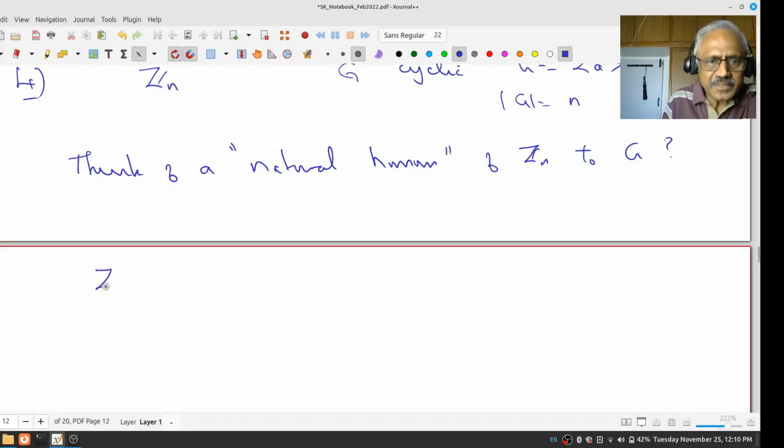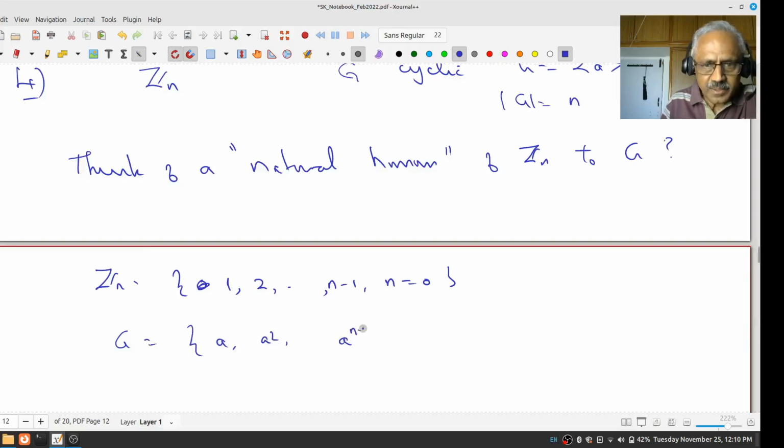Obvious, because what is Z_n? Z_n is 0, 1, 2, ..., n minus 1 and n which is 0, and G is e, a, a squared, ..., a to the power n minus 1, a to the power n is e.